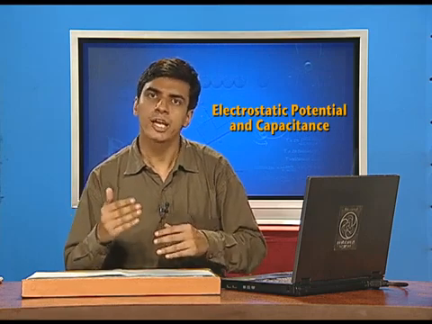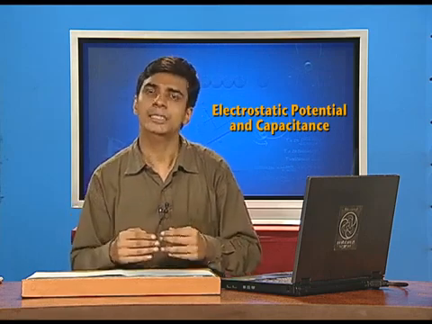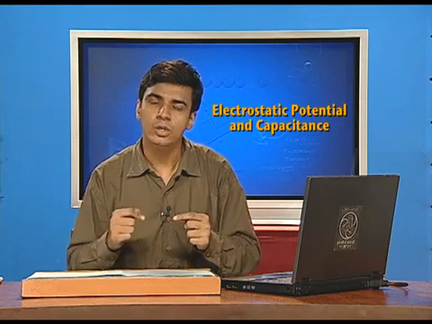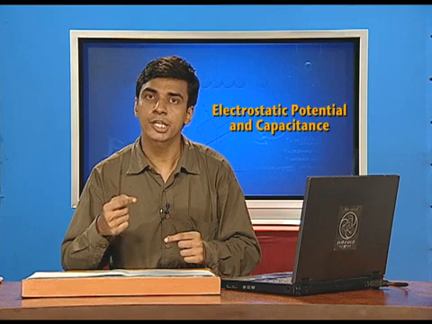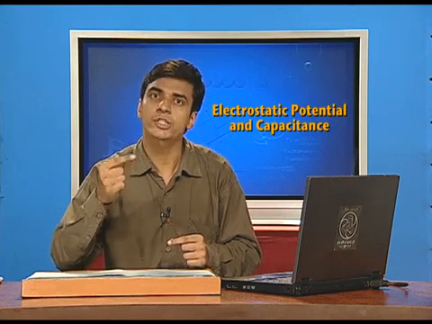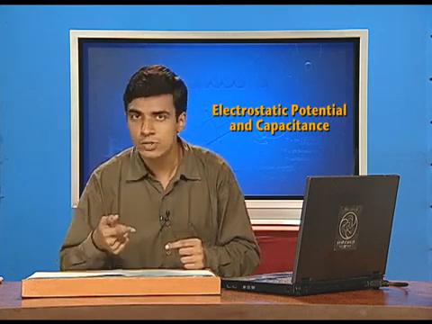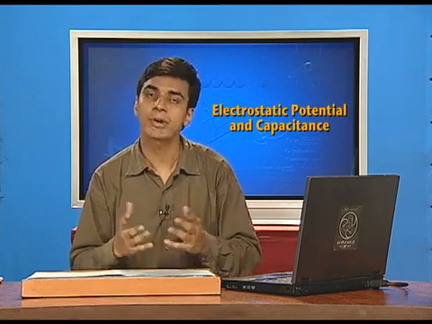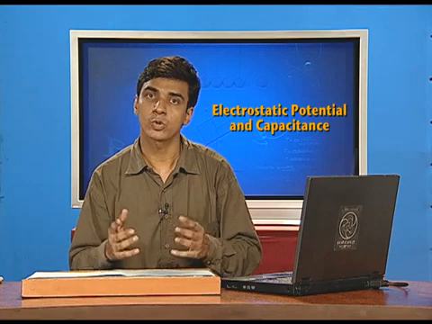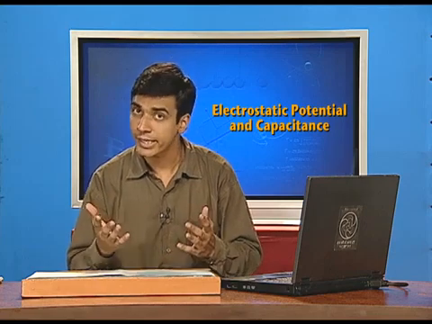Then in the end, we carried out a simple mathematical formulation of what happens if a charge moves from one equipotential surface to the next, and we found that E is equal to minus delta V by delta L.